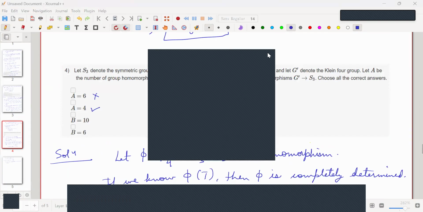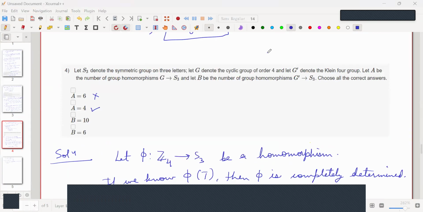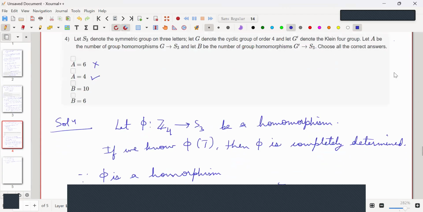And what about the second part? There are 10 possible homomorphisms. Can you tell me why?